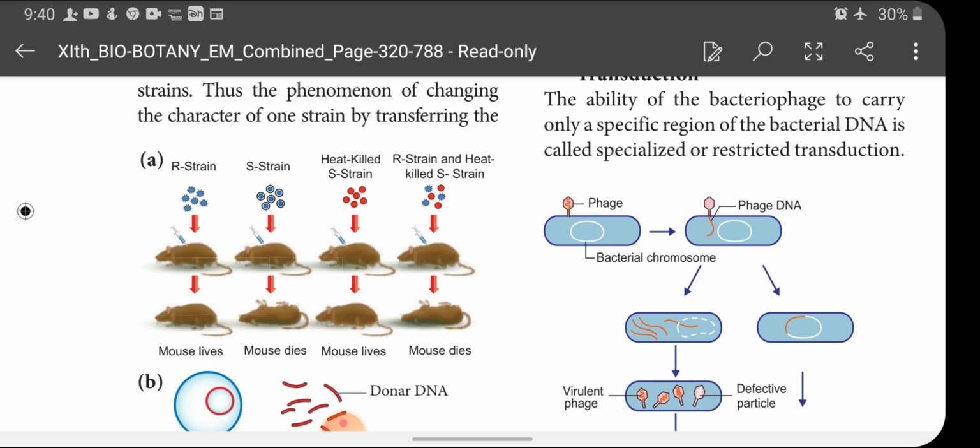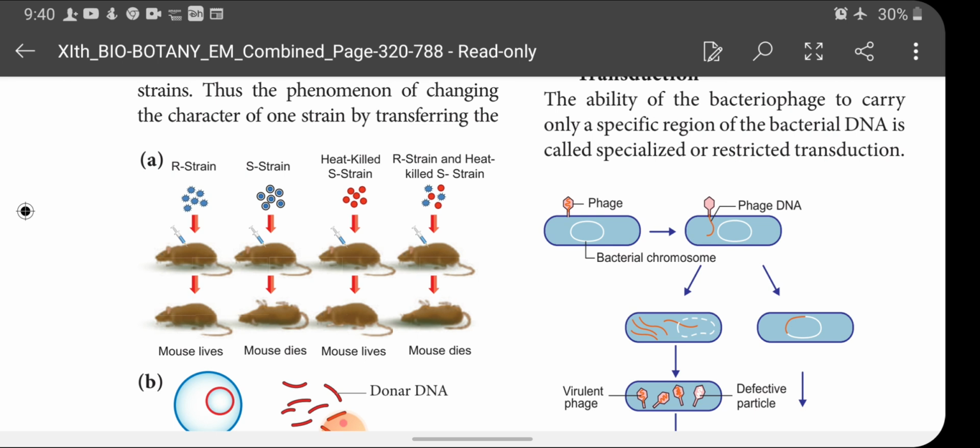When R strain bacteria is injected into the mouse, it will be alive. When S strain bacteria is injected into the mice, the mice will be dead. And at the same time, heat killed S strain is injected into the mice. What happened? The mouse is alive.